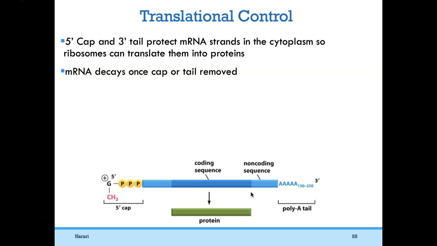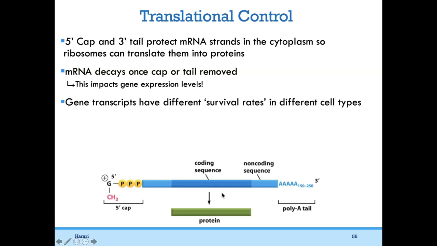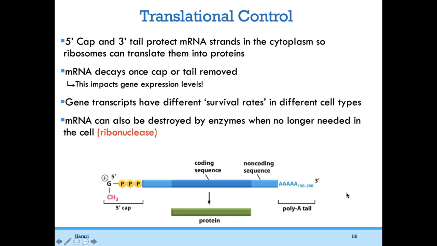So in that sense, the cap and tail have a lot to do with controlling gene expression. The longer the tail, the more expression of that gene. Right? So gene transcripts have different survival rates in different cell types, which means different levels of gene product will be made depending on how the cap and tail is placed.